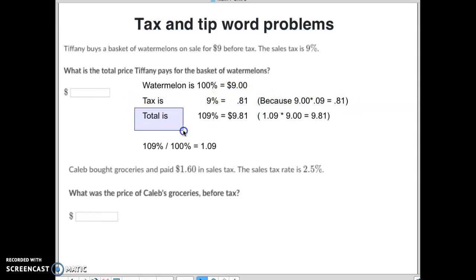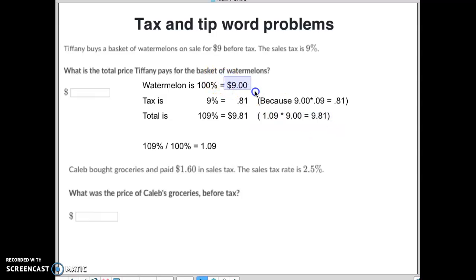What is the total? Well, it depends on what we're adding. Percentage-wise, I started with 100% price. I added 9%, so I'm at 109%. Money-wise, I started with a $9 watermelon. I added 81 cents to it in tax, which is $9.81. Now, I have this little thing. It says 1.09 times 9 is 9.81.